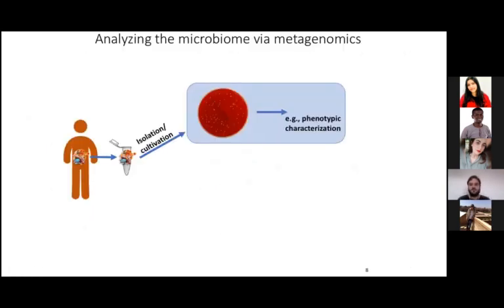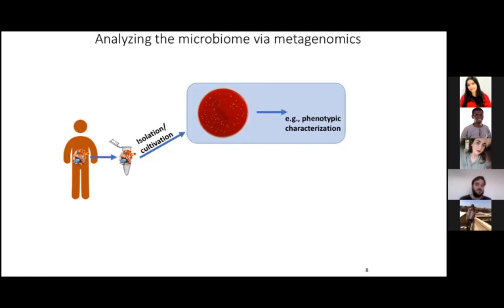So now we know what the microbiome is, a bit about what the human microbiome is, and a bit about what the oncomicrobiome is. But how can we study these different microbial communities? One of the classical ways is, you have your stool sample, or your microbial community. You then isolate these individual bacteria, and do some sort of phenotypic characterization to understand what bacteria is there, what species, and so on.